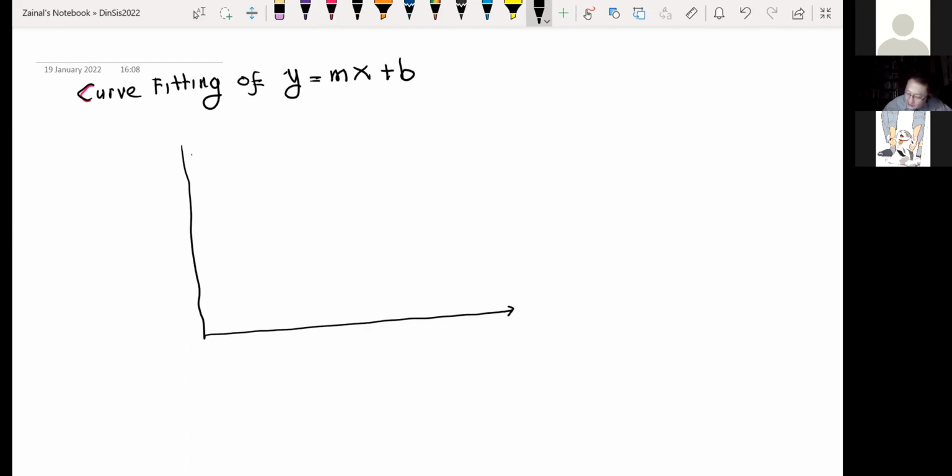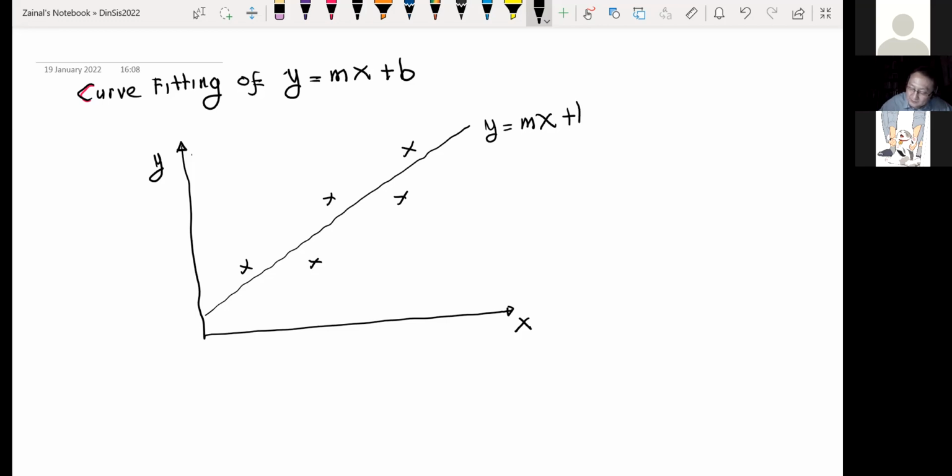For example, this one is x, this one is y, and then you have data, something like this one. And suppose this one is the best line you choose, with equation equal to mx plus b.